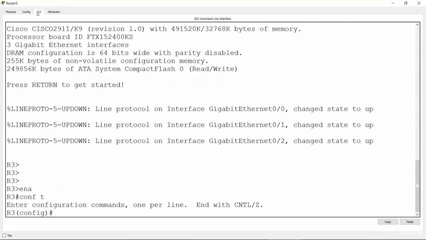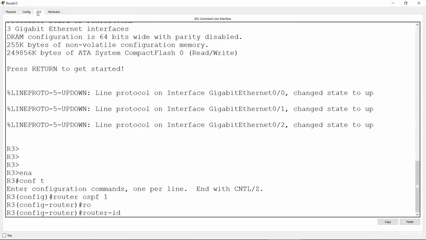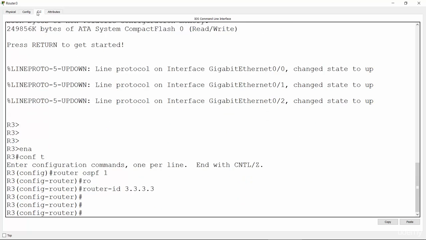Enable, conf t, router ospf 1, router ID 3.3.3.3, and I need to take a look at the show ip interface brief. Please keep in mind that you can use show commands even if you are in configuration mode or config-if mode by using the do command at the beginning.